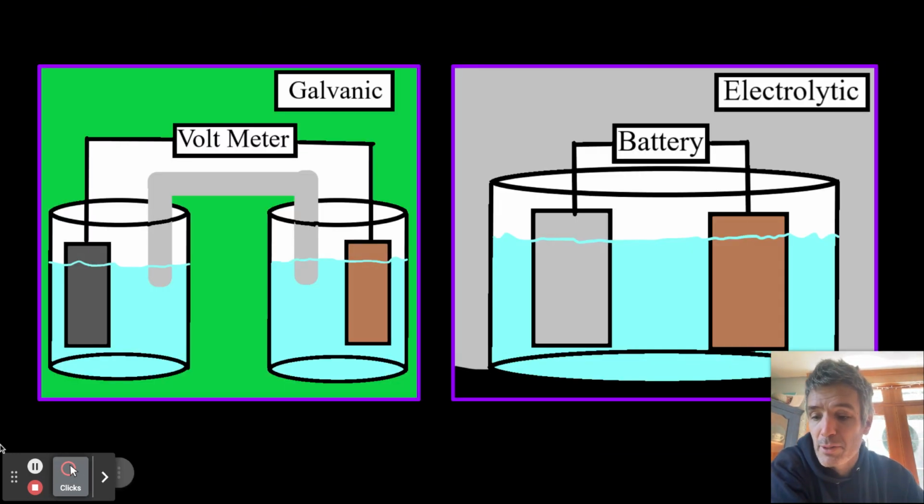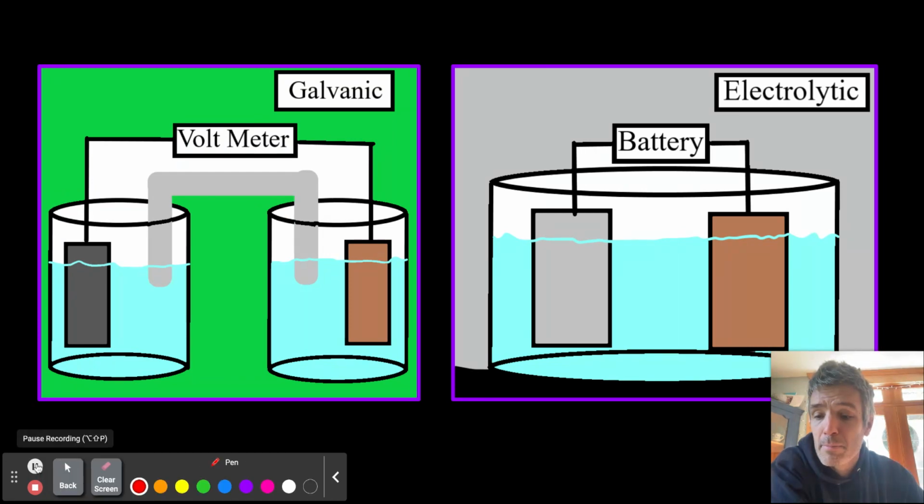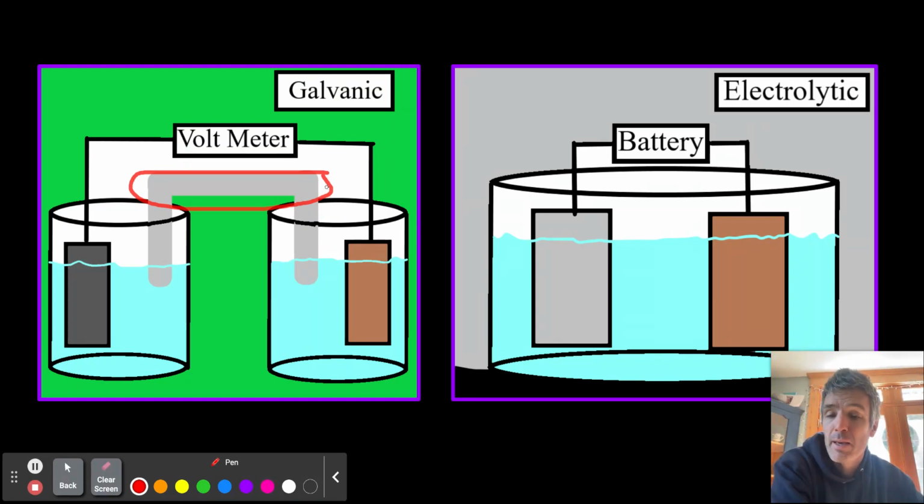Now, how are they different? There are two main things. You've got this, which is known as a salt bridge. You need a salt bridge in a galvanic cell. This one here is going to be made of glass.